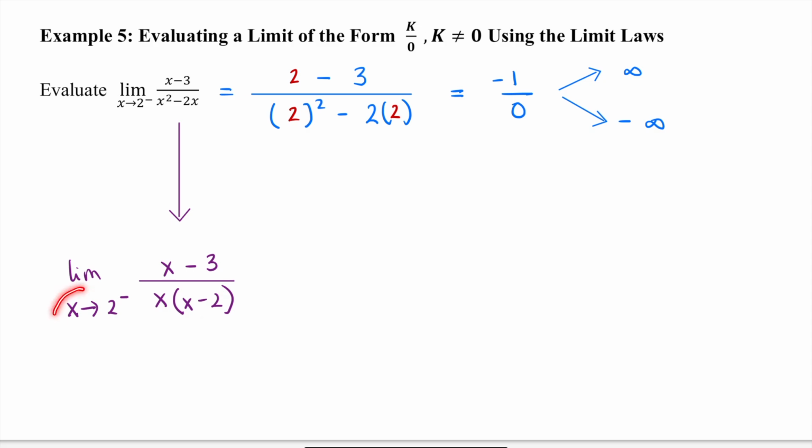Now remember, we are approaching 2 from the left. That means x is slightly less than 2. Let's think about the signs. If I take a number that is slightly less than 2, minus 3, this expression x minus 3 is negative. X is positive because the numbers near 2 are positive.